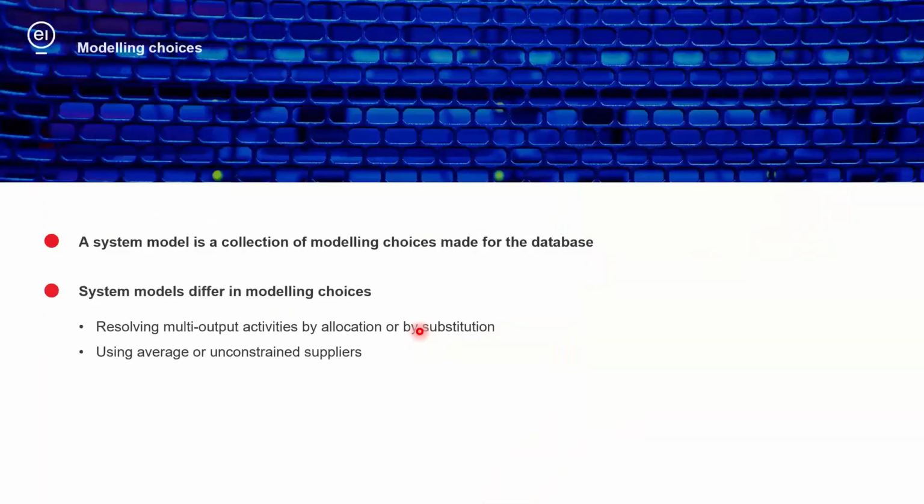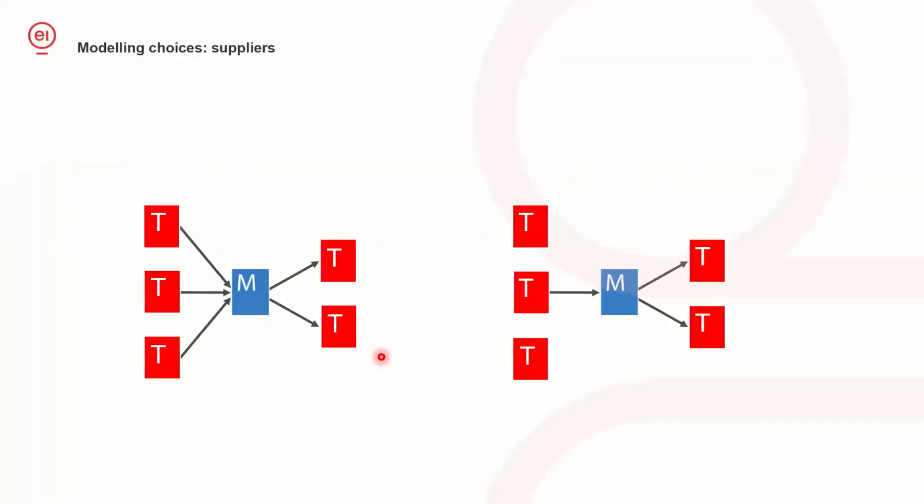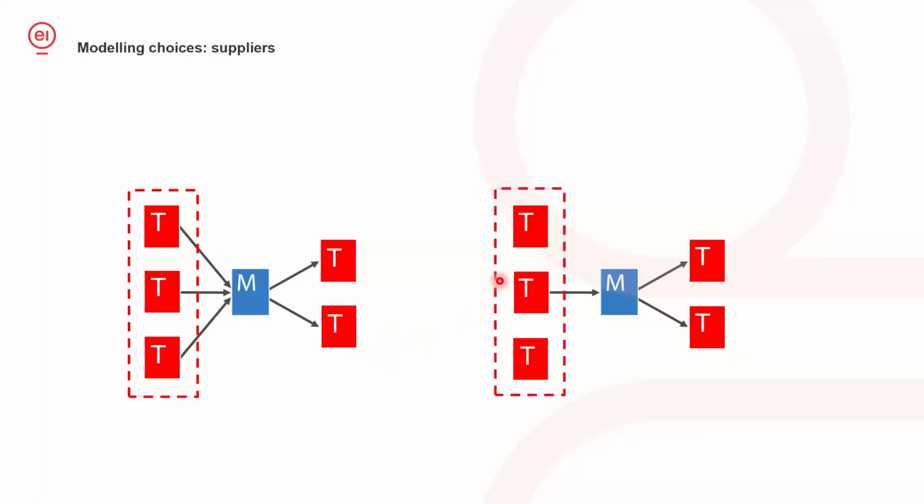The second modeling choice is the use of average or unconstrained suppliers to supply the markets. We can have different cases. We can either have all possible activities that produce one specific product supply the market, or we can have just specific activities that produce a product supply the market.